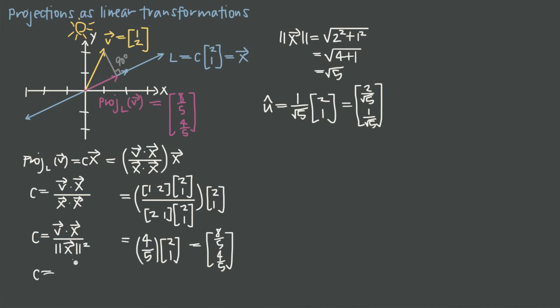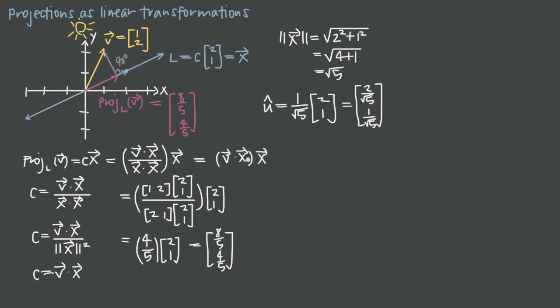So c just becomes the numerator alone, the vector v dotted with the vector x, because in the denominator we ended up with 1 squared, and that simplifies to 1, and dividing by 1 doesn't change anything. Which means this projection formula then just becomes the vector v dotted with the vector x, this value that remained for c, and then that multiplied by the vector x.